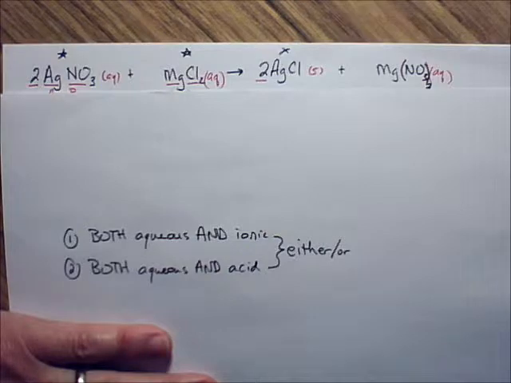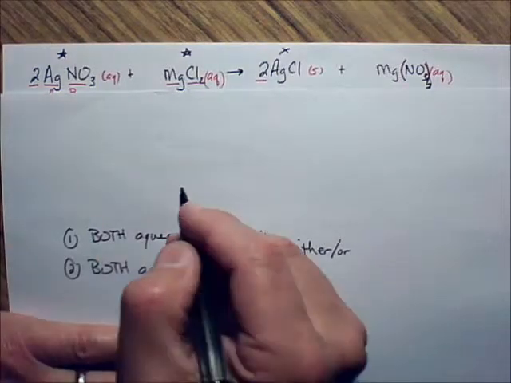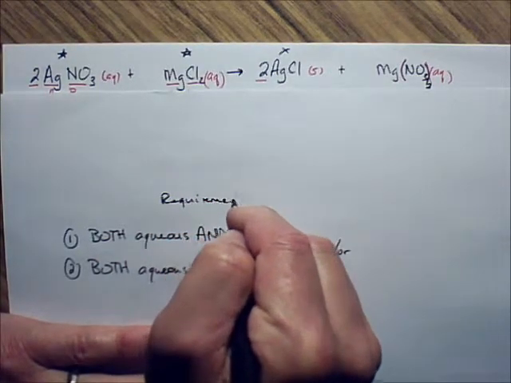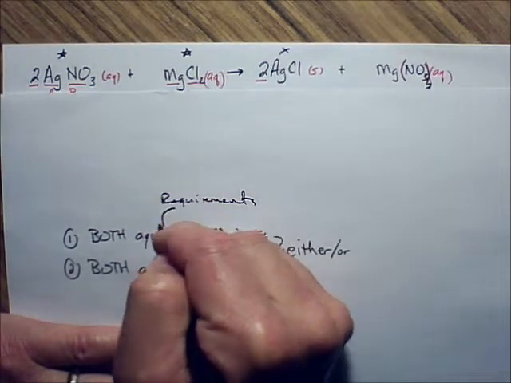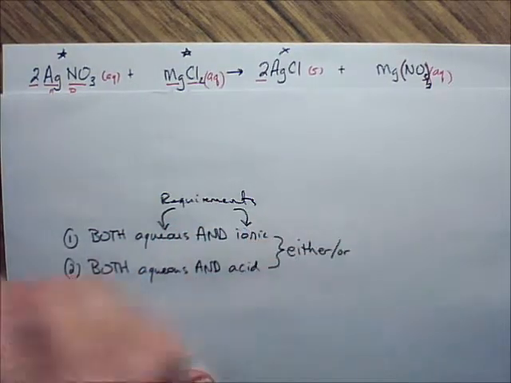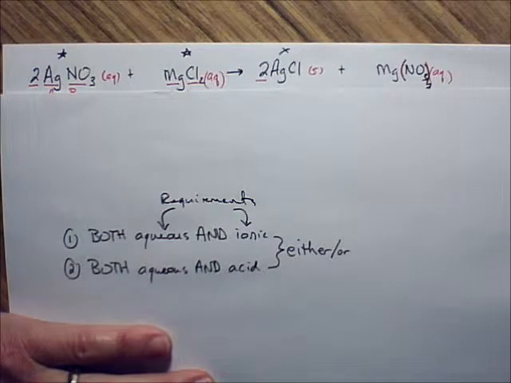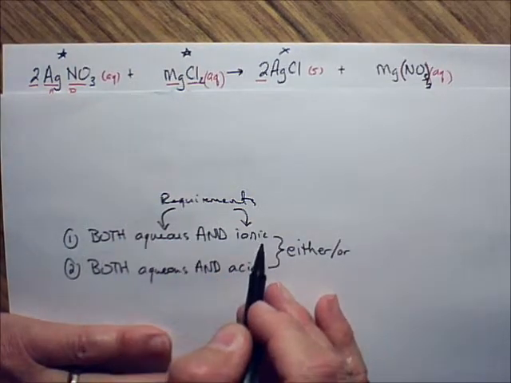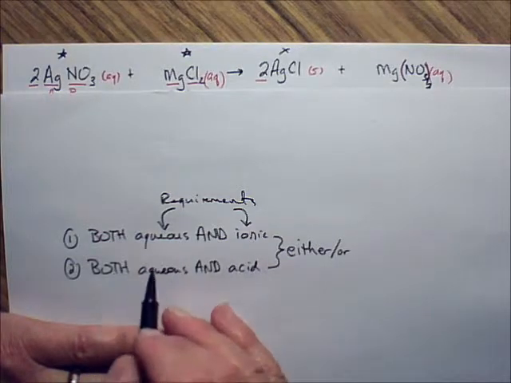And each type of compound has two requirements. It has to be both aqueous and ionic, or both aqueous and acidic.